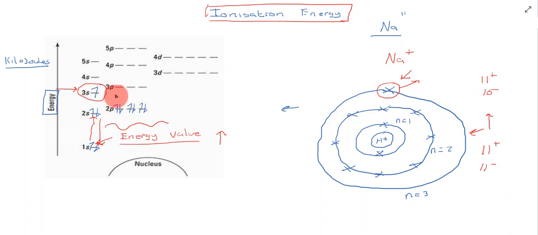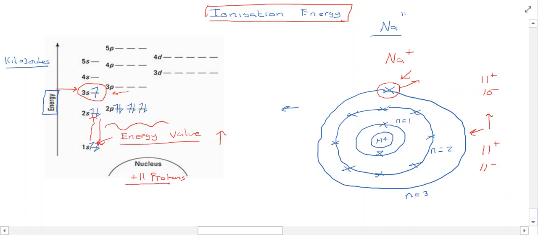Basically, it's like a tug of war. What's keeping this electron in place? Well, you have the 11 protons here within the nucleus.